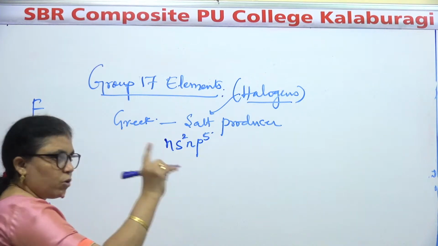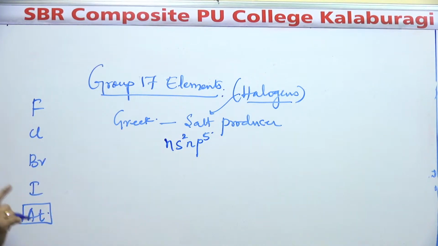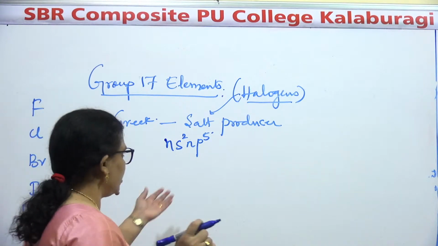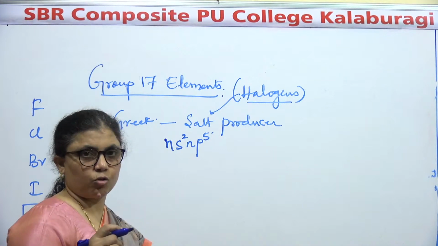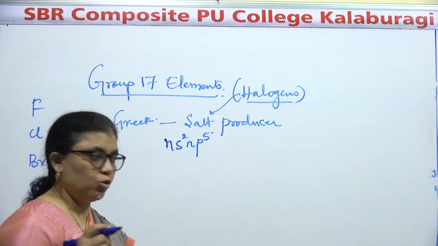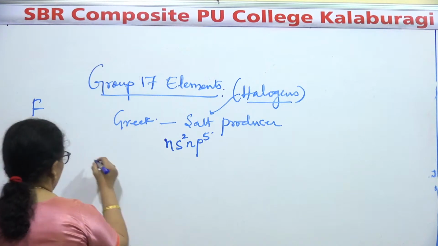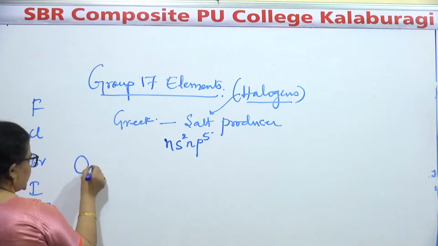Group 15 was np3, group 16 was np4, group 17 is np5. That indicates that they have the character to accept an electron rather than losing an electron. Occurrence as usual.